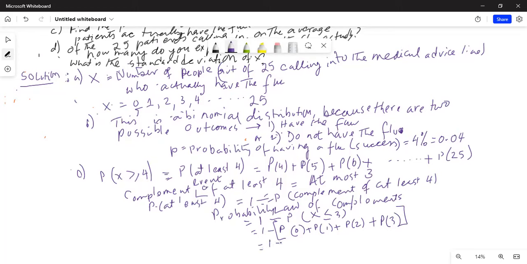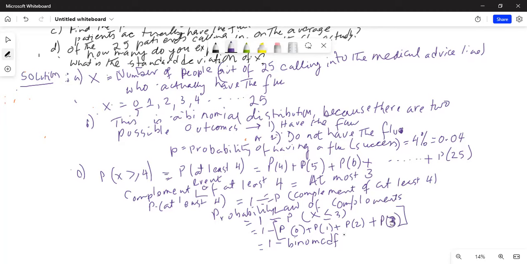Now in the TI-84 calculator, there's a function to calculate all these probabilities from 0 to 3. This is called binomial CDF. C stands for cumulative distribution function. It is used when we add from 0 up to a certain number. Here we are adding the probabilities from 0 to 3.